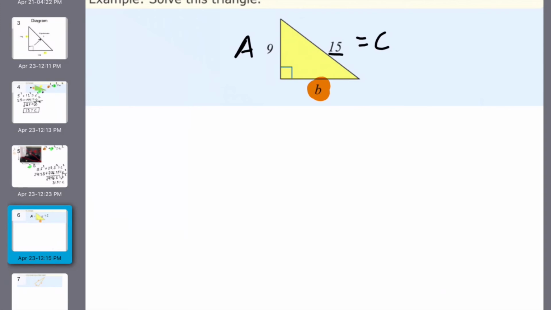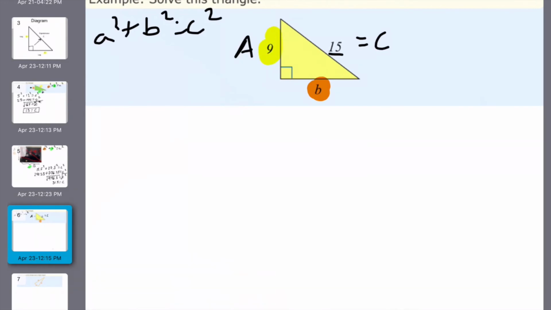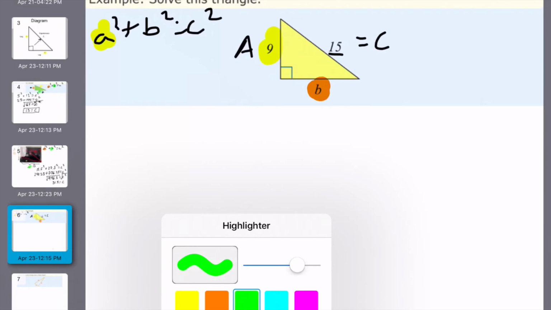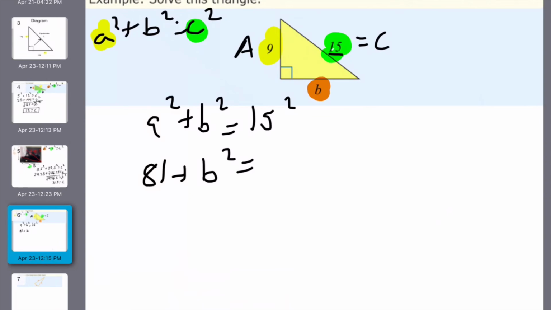So, going back to the Pythagorean theorem, a squared plus b squared equals c squared, I have my a of 9 and my c of 15. So I just need to write it into the appropriate spot. So I have 9 squared plus b squared equals 15 squared. So 9 squared, or 9 times 9, is 81 plus b squared equals 15 times 15, which is 225.